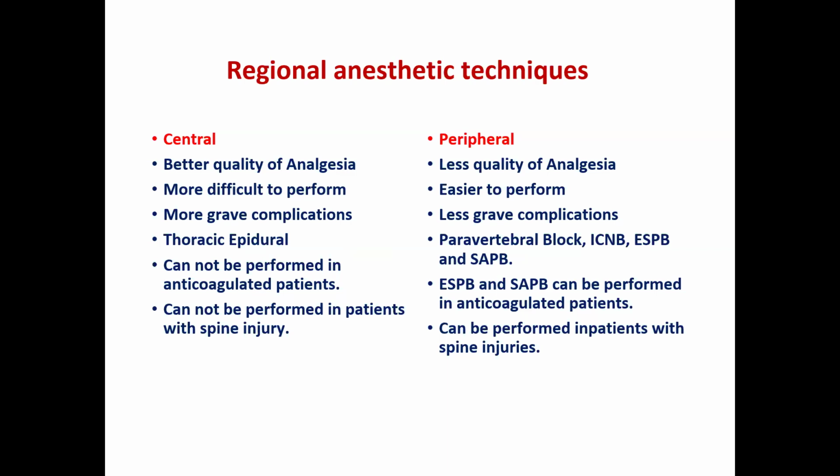There is a trend nowadays to shift from central to peripheral. While central gives you the best quality of pain control, peripheral definitely has fewer side effects and complications. In fact, you can use it even in anticoagulated patients and patients that have spinal cord compromise.